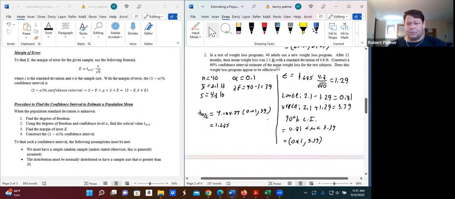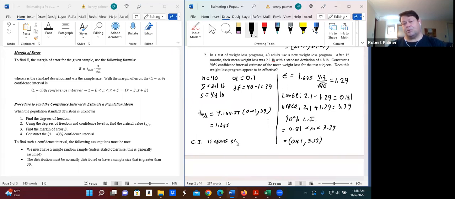So this says, does this weight loss program appear to be effective? You could say yes, in the sense that the confidence interval is above 0. Remember, we have 90% confidence that the true mean weight loss would be somewhere in this interval.